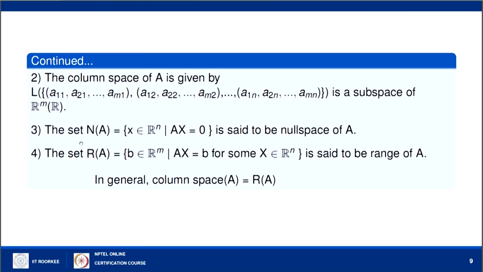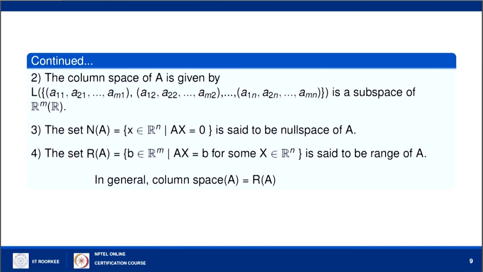Then we have the null space of A. So, the null space of A is x belonging to Rn such that Ax equals 0. So, all n dimensional vectors from Rn which, if you multiply with A, like A into x, give the 0 vector, the space of all those vectors x from Rn is called the null space of A, and it is a subspace of Rn.